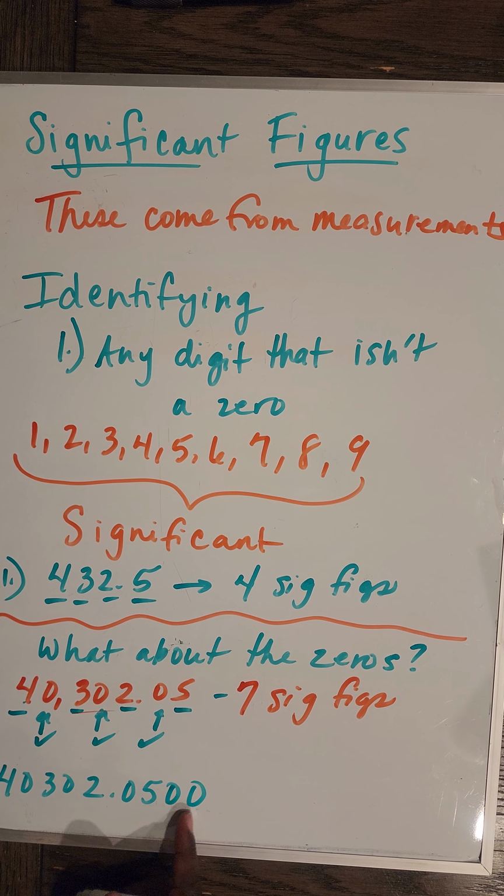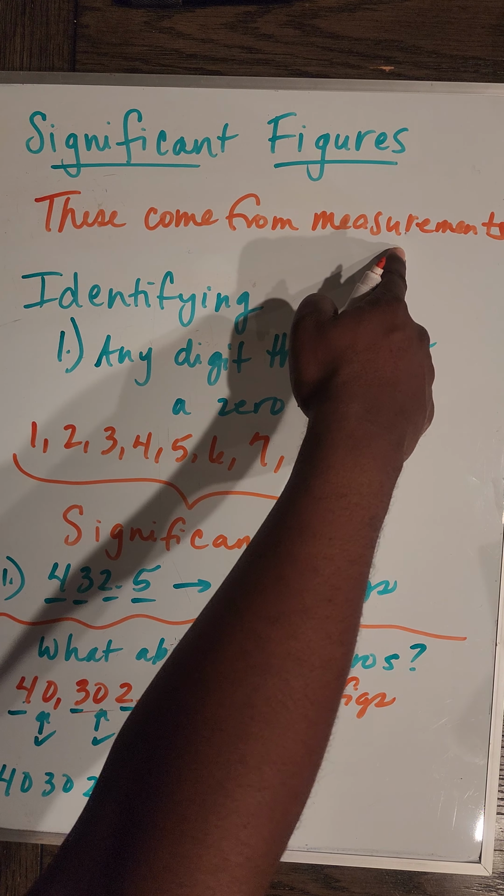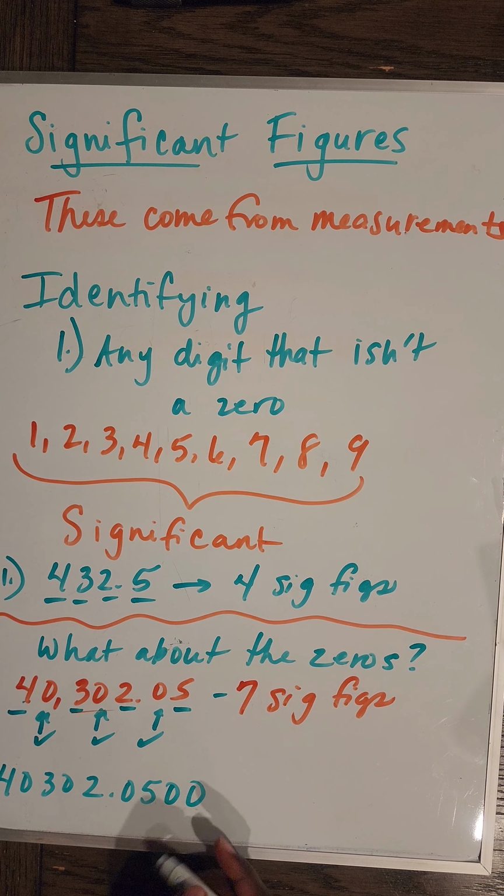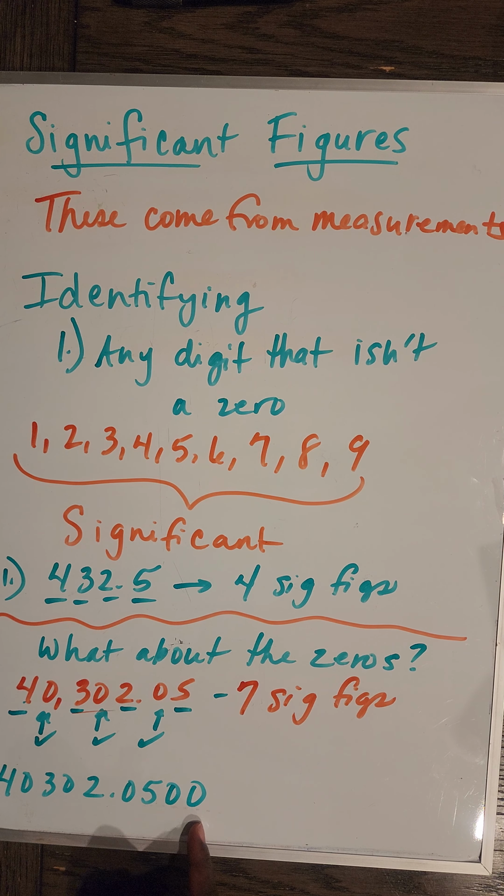You say, well, what is the use of these zeros? We call these trailing zeros. Again, these came from a measurement. So we measured something, and the instrument was so precise that we could get all the way down to this place value here.